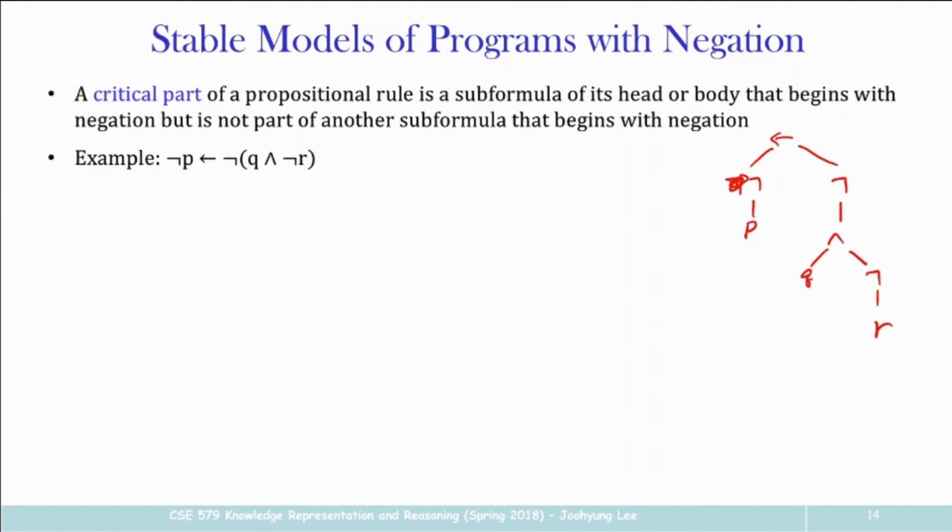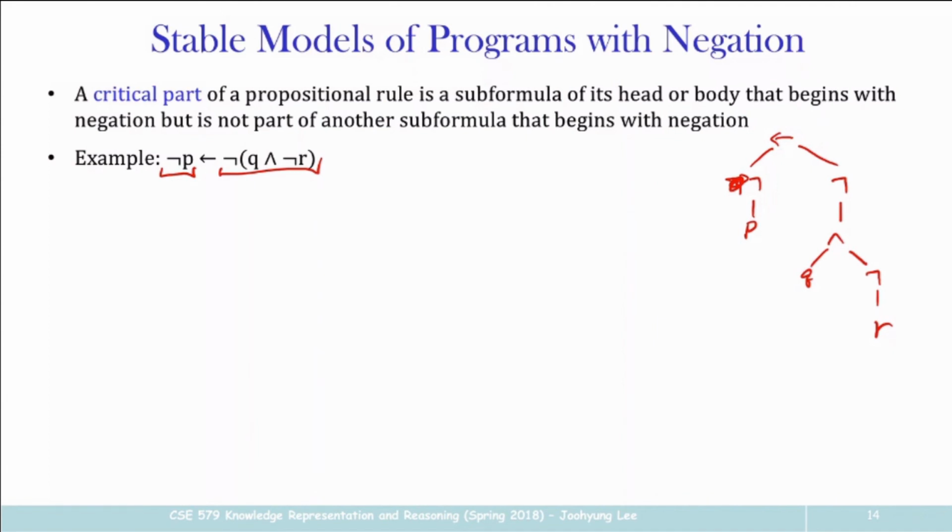This guy is a negated formula, but it's not part of another negated formula. And same for this guy. So these two are the sub-formulas that are critical. This guy is not. Why? Because it starts with negation, but it is actually inside another negated formula. So the answer is this guy and this guy. Are we together? Just look at the maximal occurrences of negation.